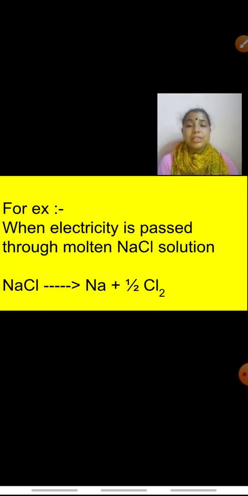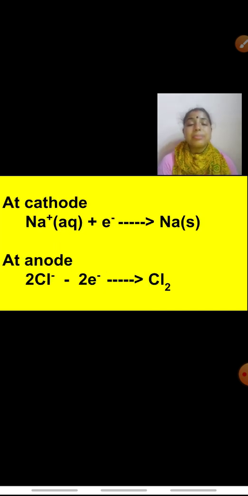Clear? Now see, an example. When electricity is passed through molten NaCl, what happens? NaCl breaks down and gives Na+ and half Cl2. Just imagine an electrolytic cell with NaCl inside, two electrodes dipped, and a battery connected. The battery supplies the voltage, the anode becomes positively charged, the cathode becomes negatively charged.